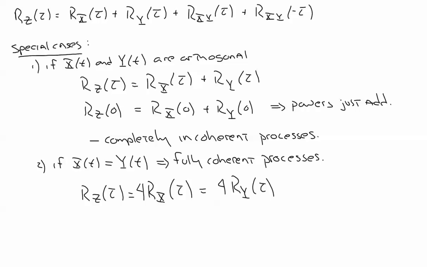My autocorrelation terms are always even, meaning that they are mirror images of one another about the tau equals 0 axis. And so my autocorrelation for z just becomes 4 times the autocorrelation for x, or 4 times the autocorrelation for y.